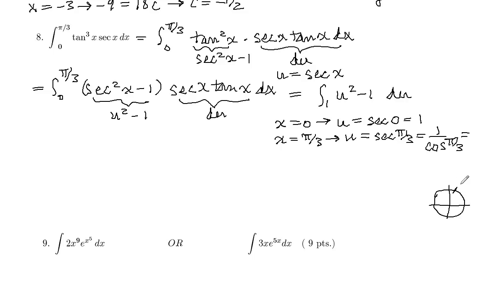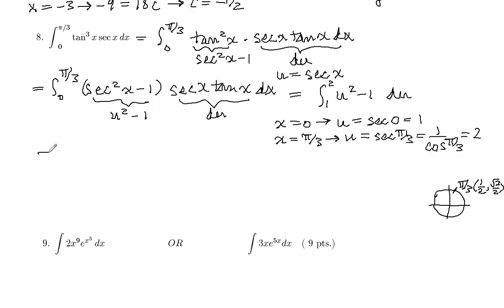Pi over 3 is up here. X coordinate 1/2, y coordinate root 3 over 2. Yeah, cosine is 1/2, and sine is root 3 over 2. So that's from the unit circle. So this is a 1/2 in the bottom, 1 over 1/2, which is 2. So this is going to be 1 to 2.